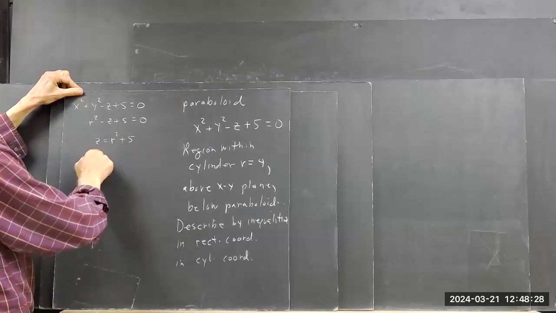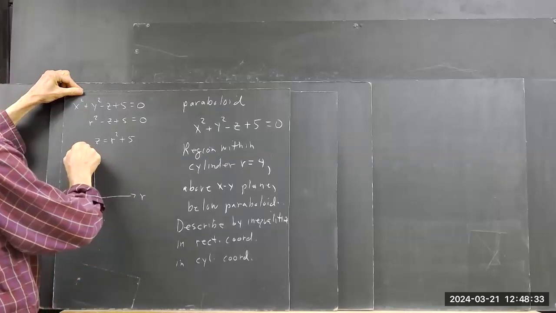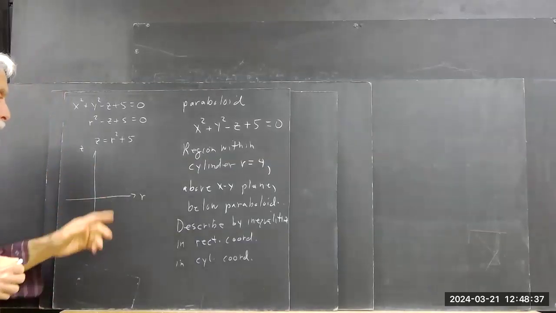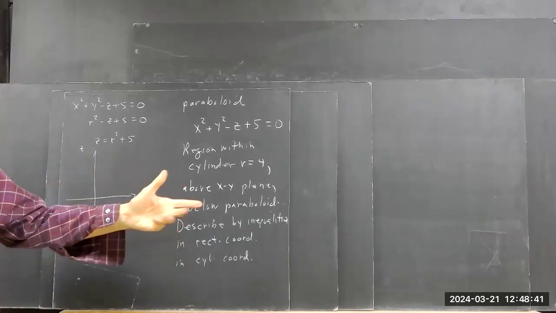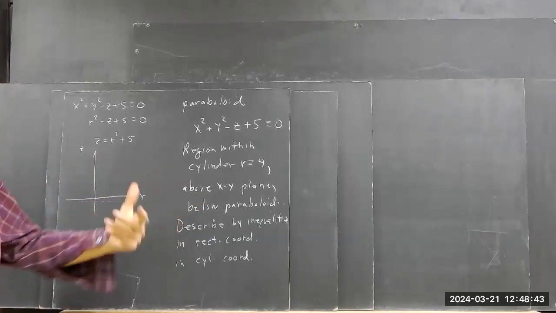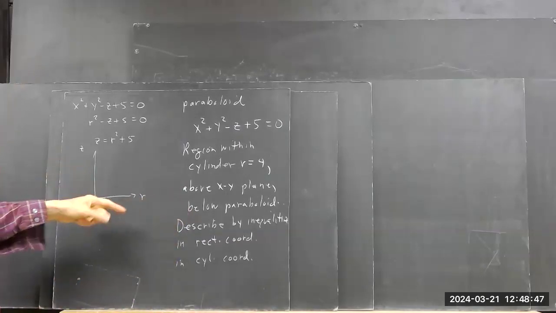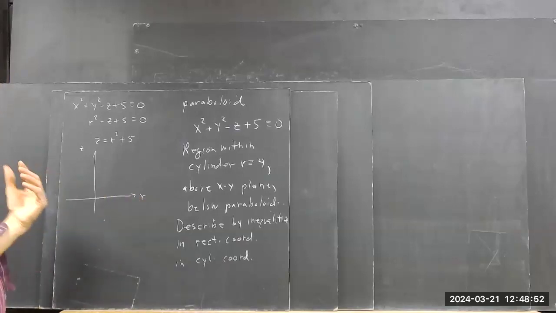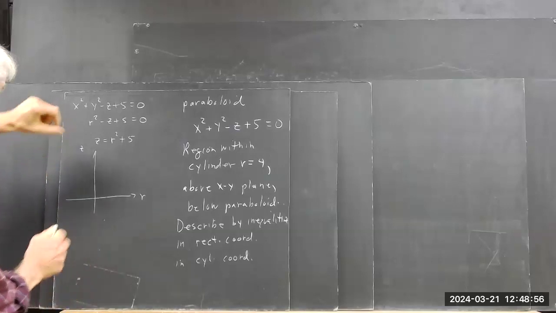Fairly easy to sketch that. Here's r, here's z. Now, that is in 3 dimensions, but r could be in any direction within the plane, your r axis for cylindrical coordinates. So it's just going to be the solid of revolution you get when you rotate this graph about the z-axis.